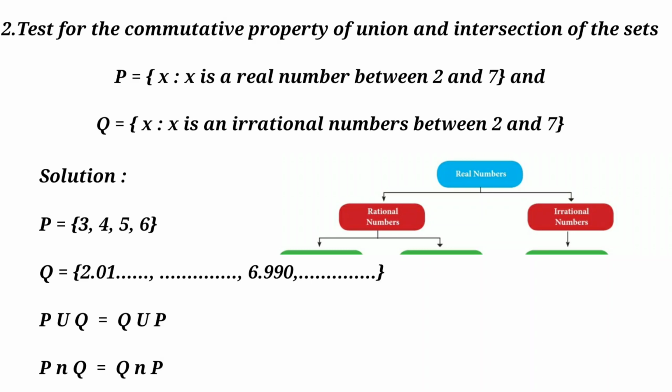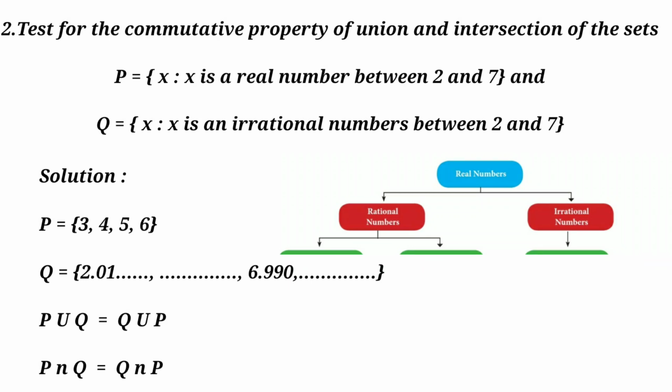Second one, test for the commutative property of union and intersection of the sets. P is equal to {x such that x is a real number between 2 and 7}, and Q is equal to {x such that x is an irrational number between 2 and 7}.